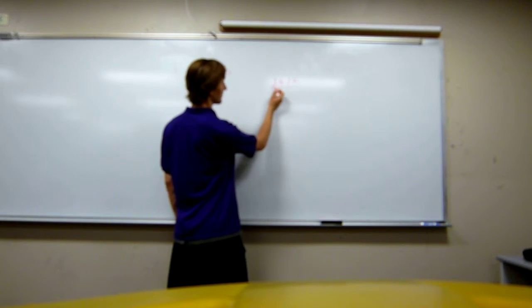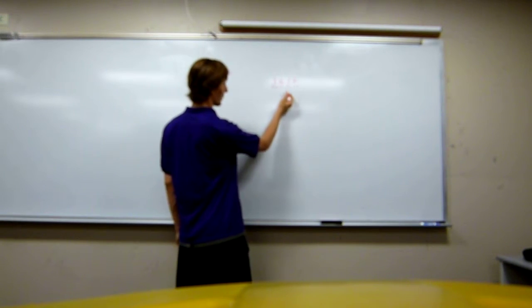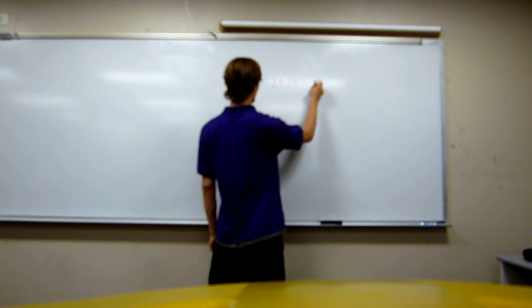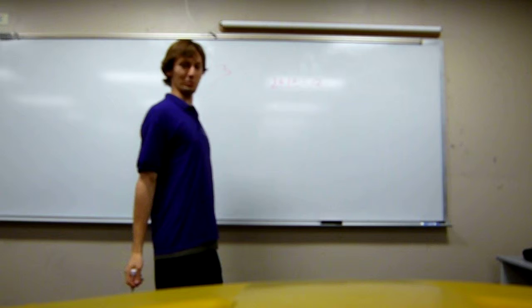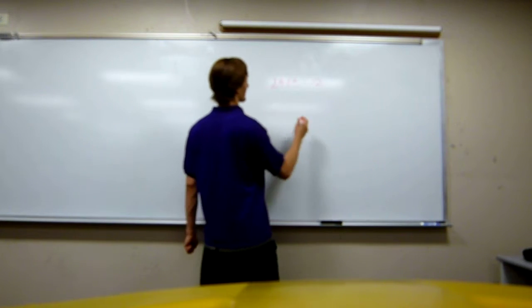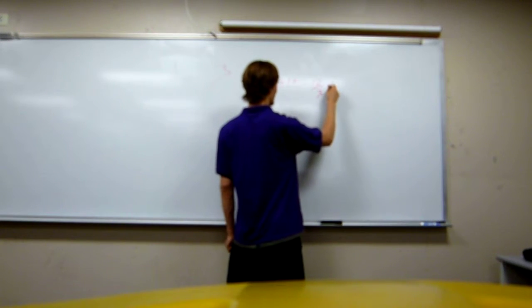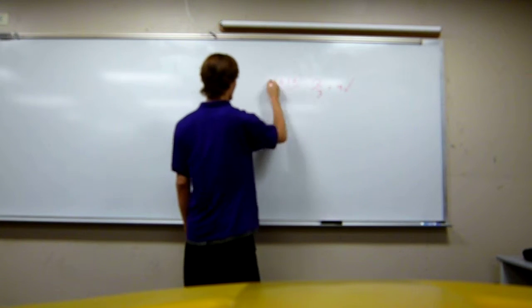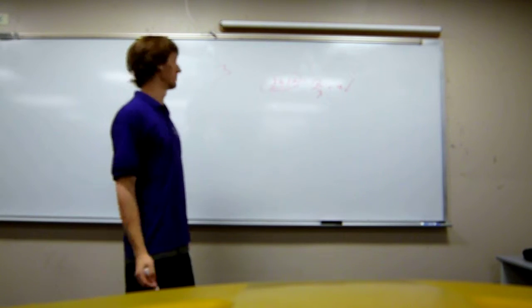So we have 3 plus 6 plus 1 plus 2. That gives us 12. Is 12 divisible by 3? It is. 12 is divisible by 3, giving us 4. Whole number, check.